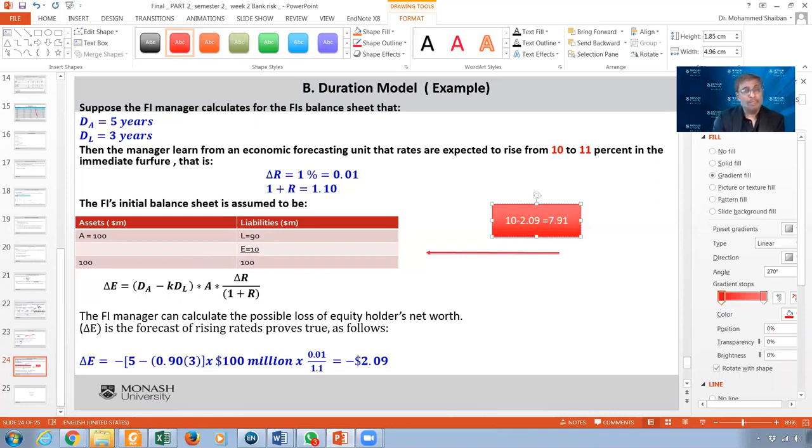So the increase in the interest rate, which is logical, has actually decreased equity, because the duration of the assets is higher than the duration of the liabilities. Look, the duration of the assets is higher than the duration of liabilities. So the impact on the balance sheet, there will be a decrease in the assets, a decrease in liabilities, but actually the impact will be negative on the equity.